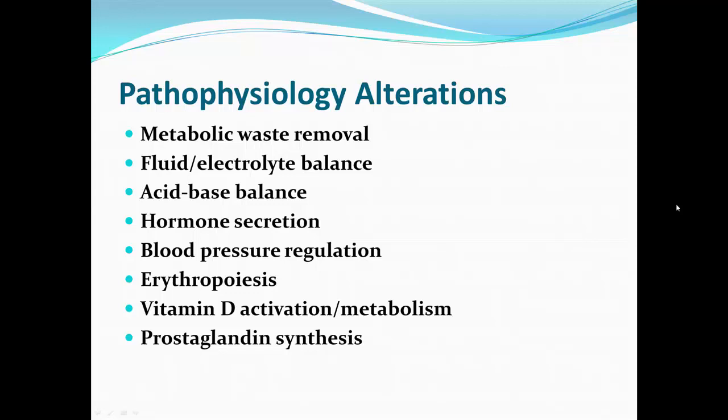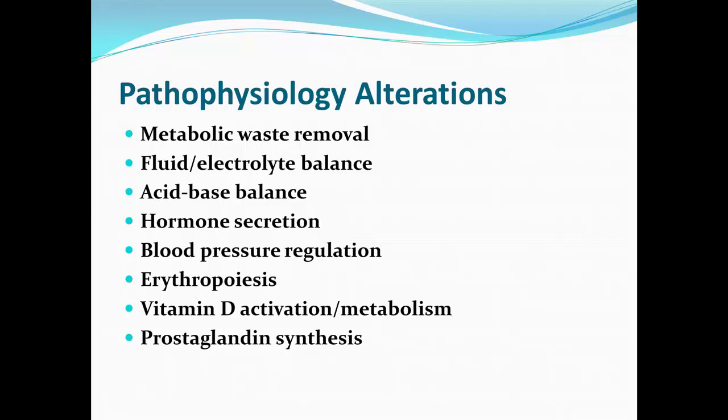So then if we take a step back from that and we think about everything that the kidneys do, we've only talked about the excretory functions and the secretory functions, but there are so many things that the kidneys do that can lead to pathophysiologic alterations in other body systems. So let's just go through those. Metabolic waste removal, that makes sense.